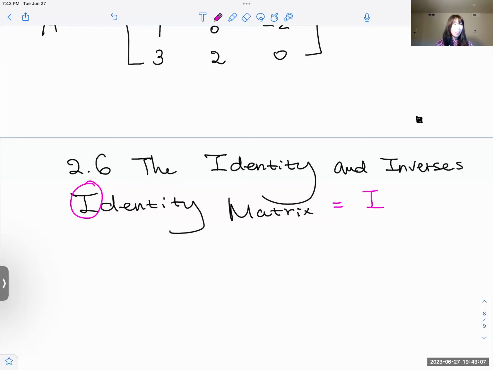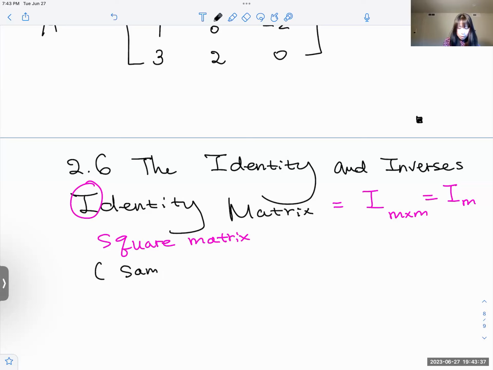An identity matrix is a square matrix, so instead of m by n, we are using just I sub m, because a square matrix means that the row is the same as the column, right? Same size of row and column.